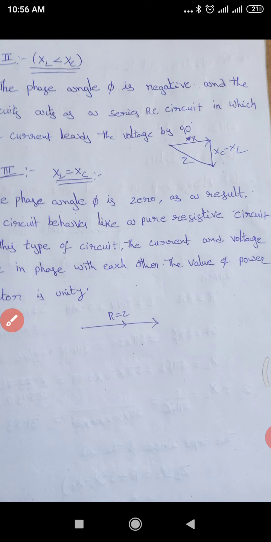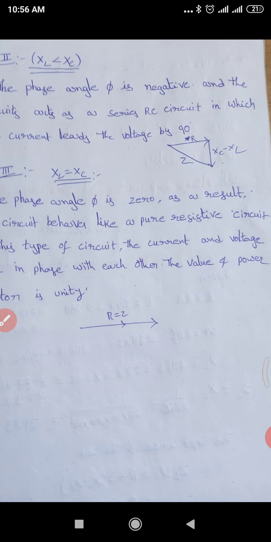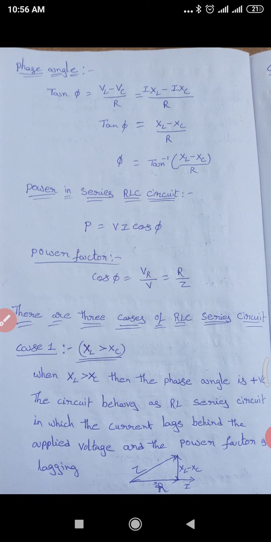So this is about the RLC series circuit. We have to remember 3 cases. First case is XL greater than XC. What happens if XL is greater than XC? The entire circuit acts like an inductive circuit, the phase angle is positive and the power factor is lagging.